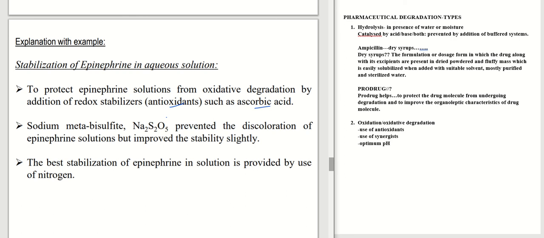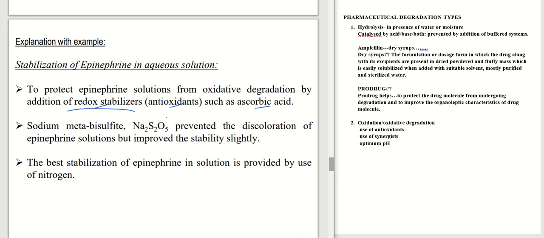The antioxidants are also known as redox stabilizers. Why? Because redox means reduction, oxidation, a loss or addition of electrons or hydrogens is nothing but the oxidation, right?